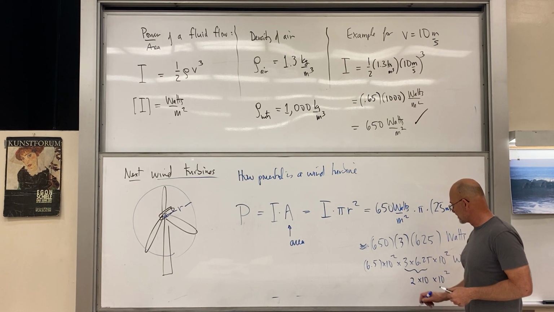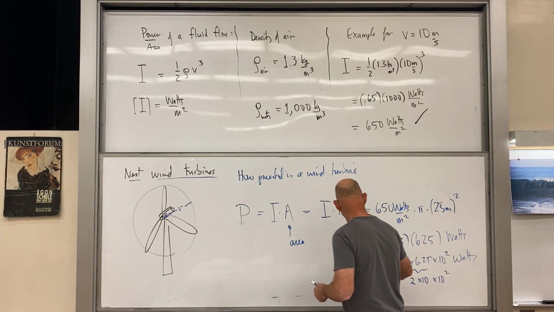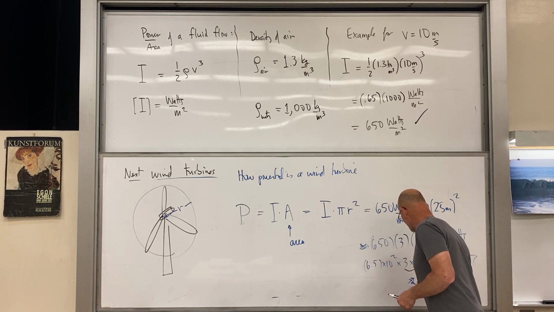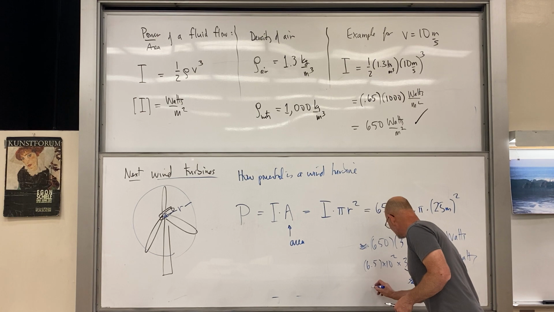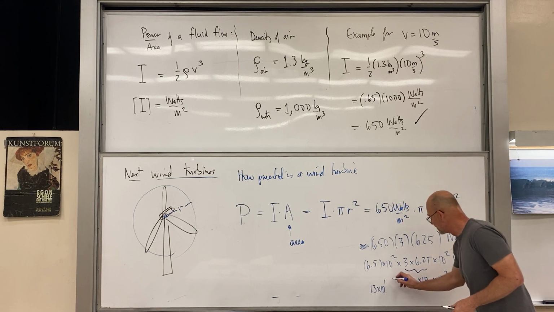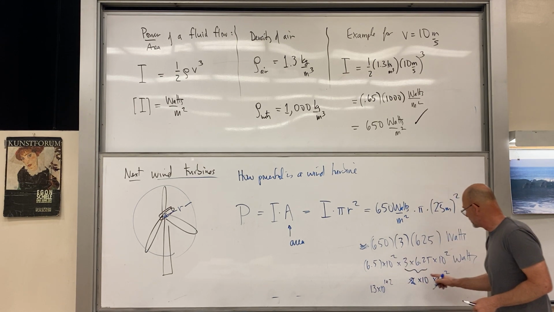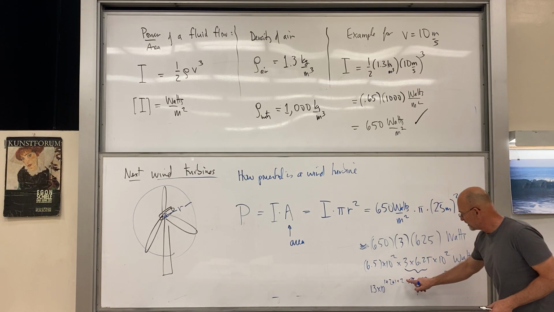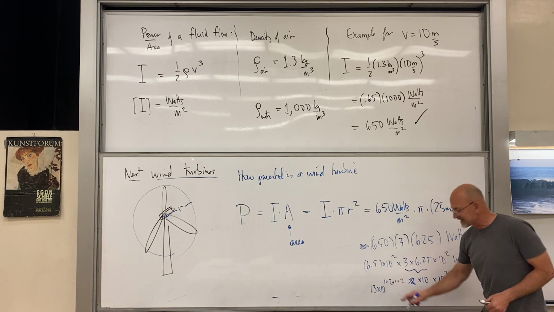So let's do this. Cross that out, 6.5 times 2 would be 13, so 1.3 times 10 to the 1, plus 2, plus 1, plus 2. 2, 4, 5, 6.